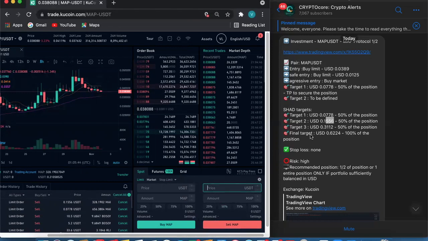Let's place the third one now at 0.3112, another 50% right here. And then let's go last one, 0.6224. All right. And this one is the rest of the MAP that I have. It is 100% of it. All right. And that will make me $102.